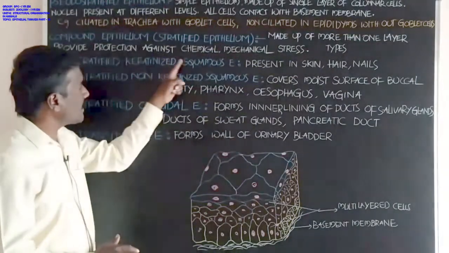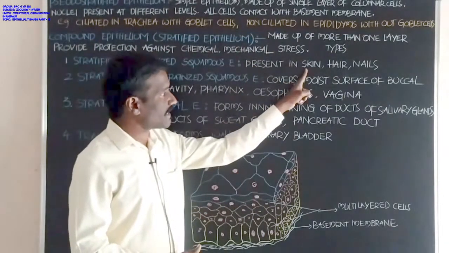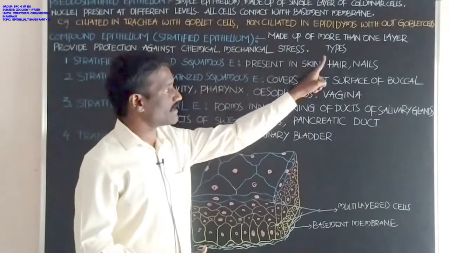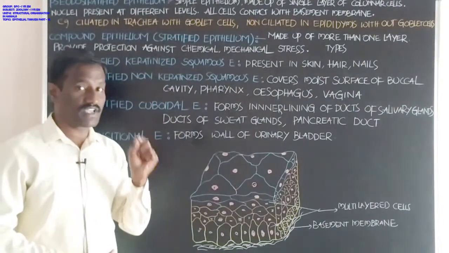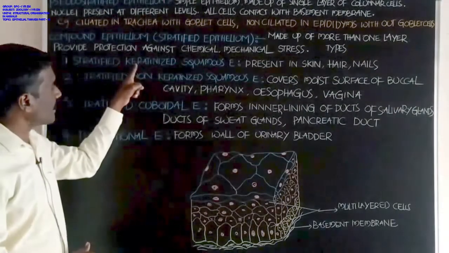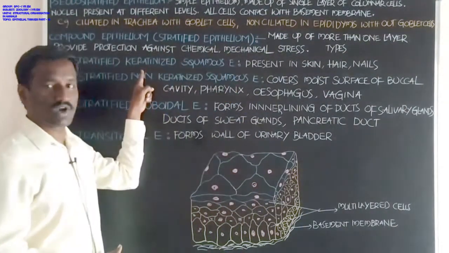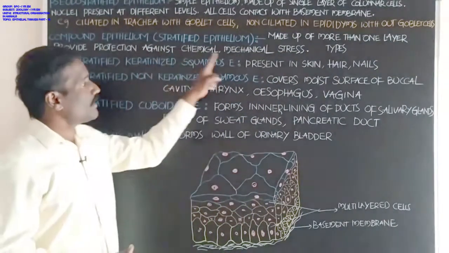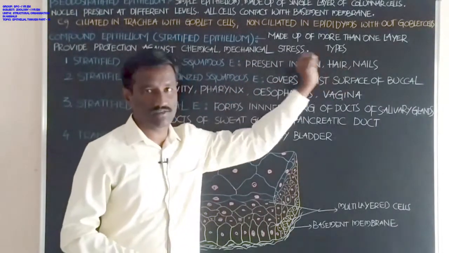Stratified keratinized squamous epithelium is present in the skin, hair and nails. The dry surface of the skin is formed by stratified keratinized squamous epithelium. Keratin is a protein, as you already know, present in the skin, hair and nails.